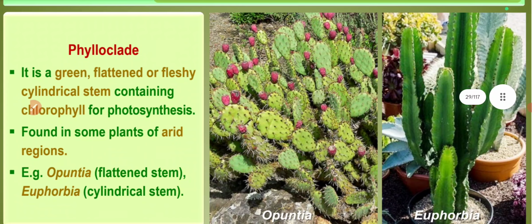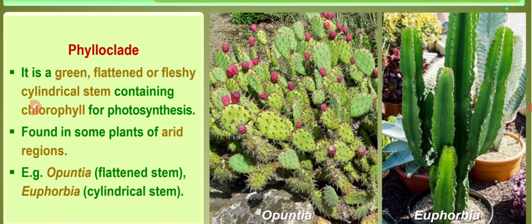Next is phylloclade. Phylloclade means leaf-like branch. It is a green, flattened or fleshy, cylindrical stem containing chlorophyll for photosynthesis.